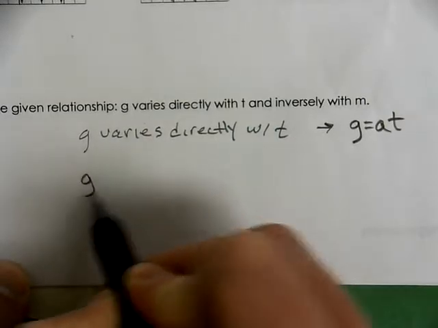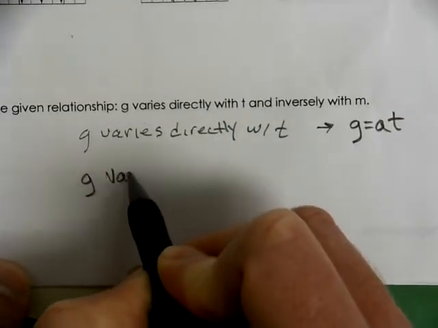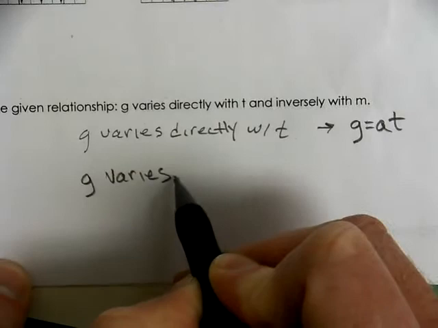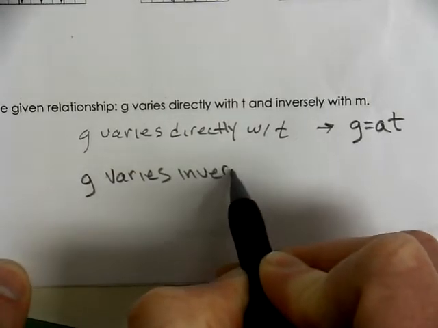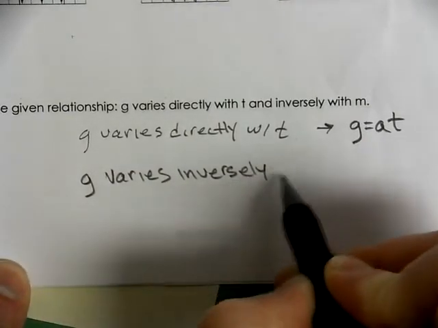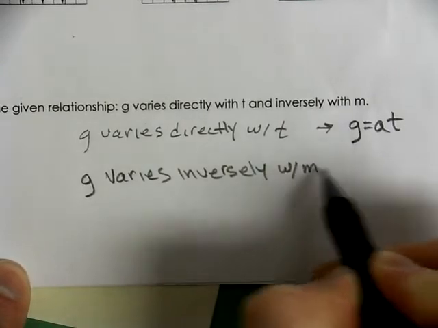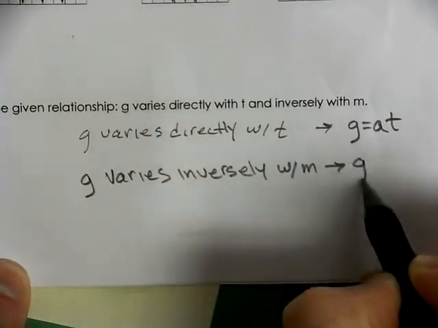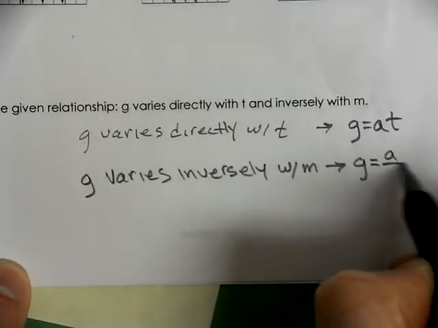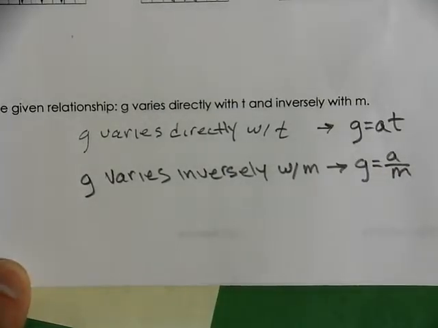Now let's say that g varies inversely with m. We would say that that was g equals a over m.